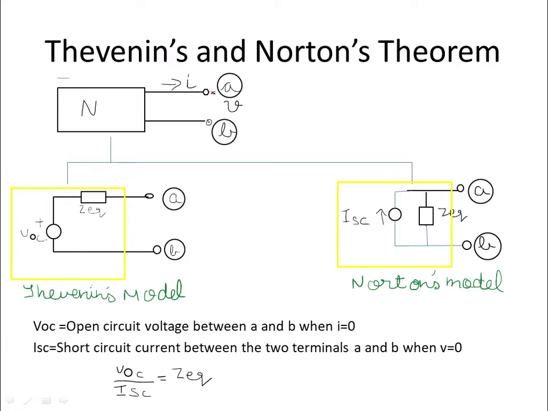Here the two terminals A and B have voltage V between them, and the current I is flowing.